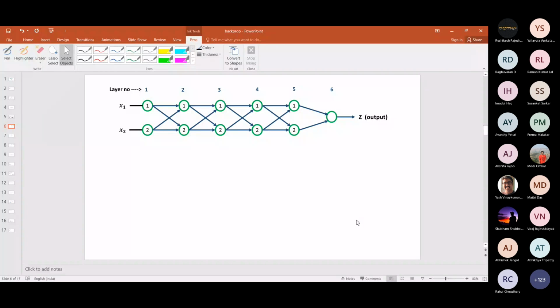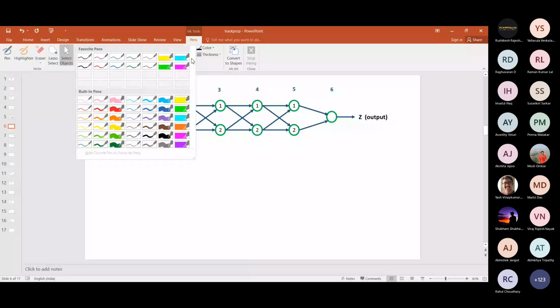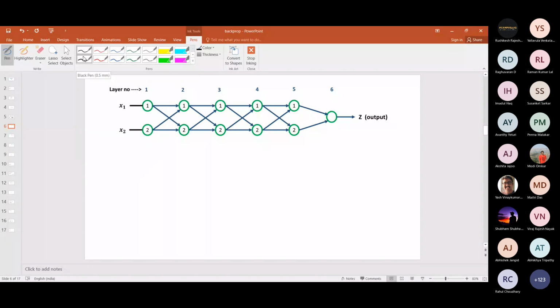Now with the notation in the previous slide, the input to a particular node, the input to the ith neuron of the Lth layer, is the bias plus the sum of, say, this thing.